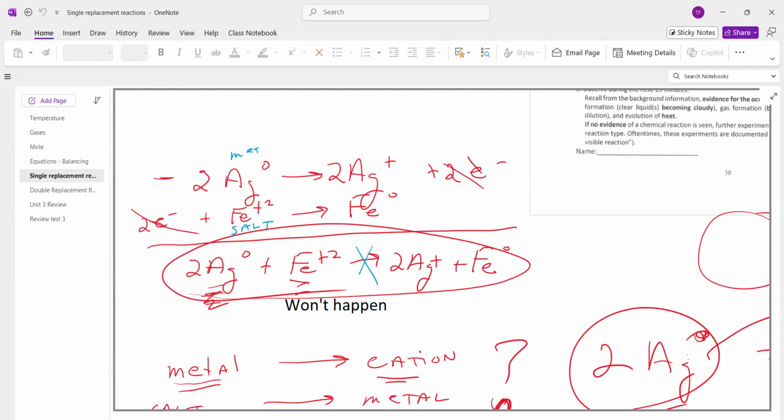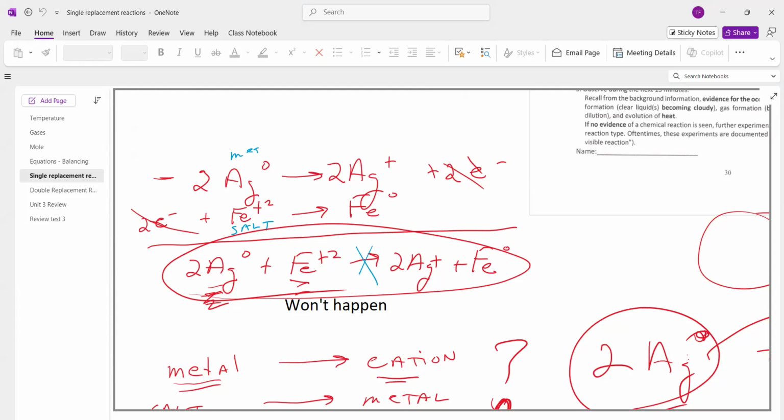Okay, and conversely, if we are receiving 2 electrons, so we've got the iron ion receiving 2 electrons. When an iron cation plus 2 receives 2 electrons, it becomes iron metal.